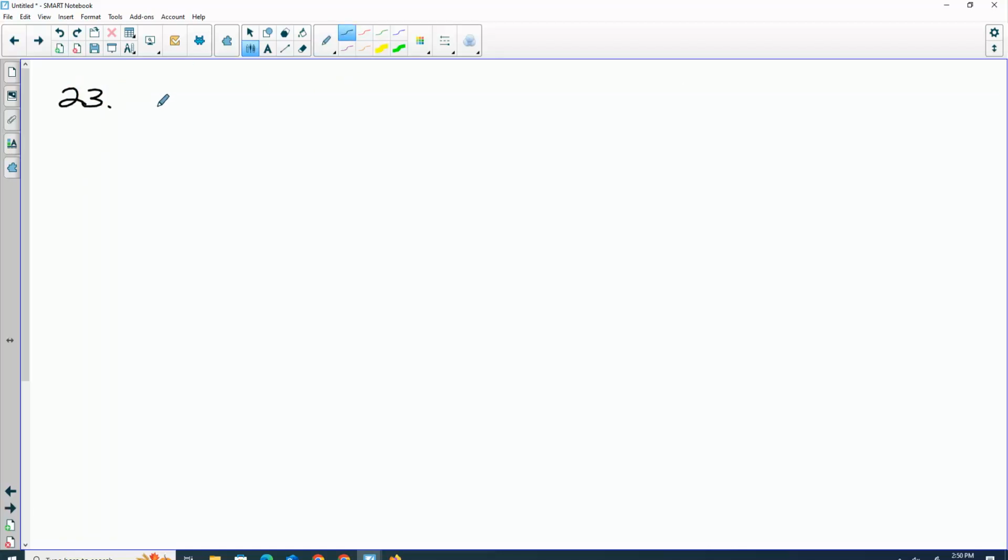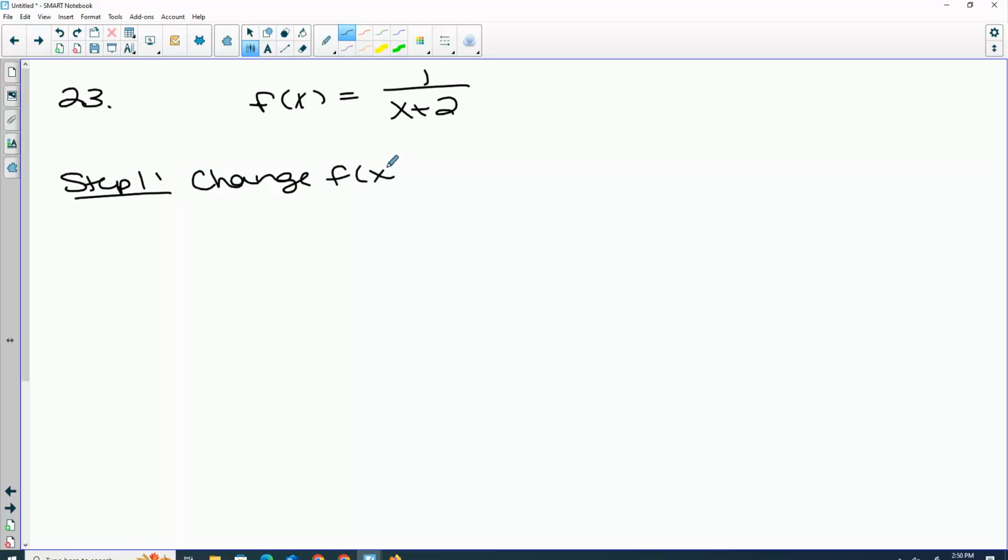So then we got into finding inverses. On the last quiz, this was the thing a couple of you had kind of forgotten what to do, so make sure you remember. So our function. First step, you have to change your f of x to a y.